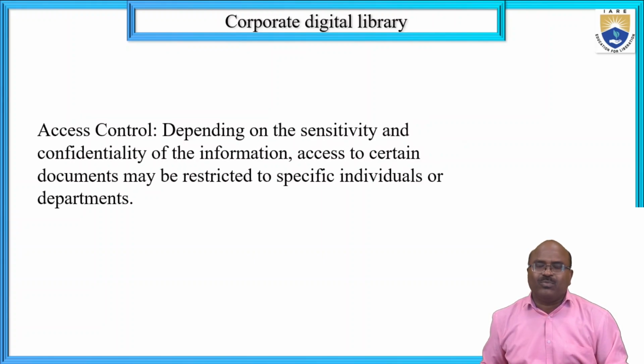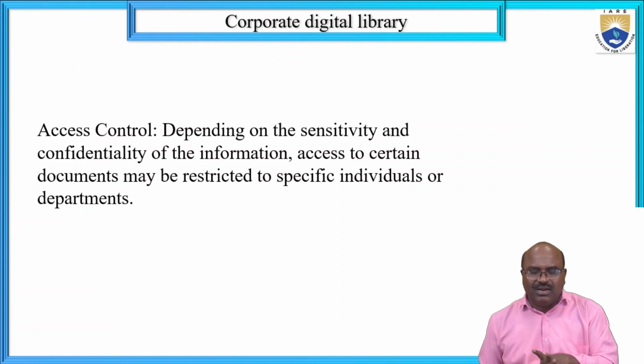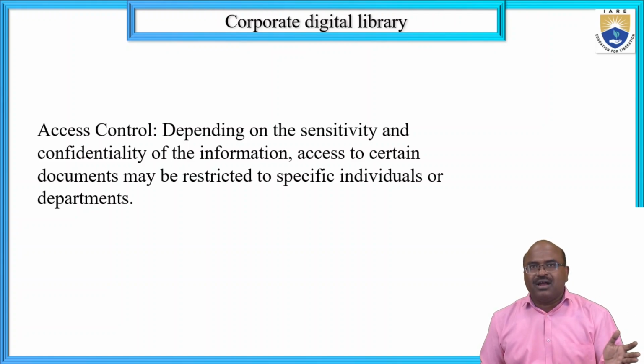Another important point is access control. The third point is access control, which depends on the sensitivity and confidentiality of the information. Authentication and authorization are available in the digital library. Why?